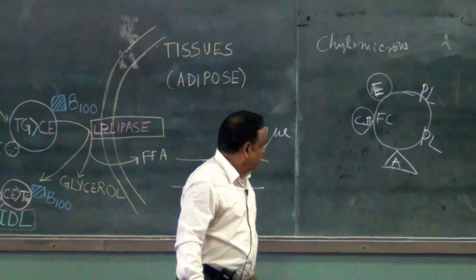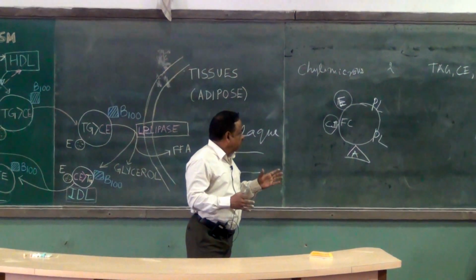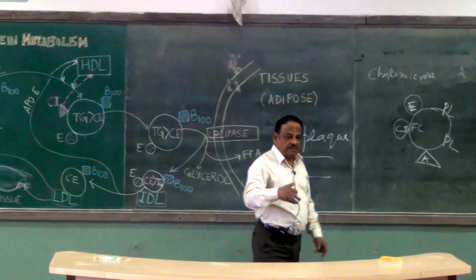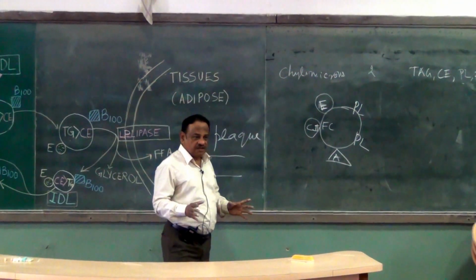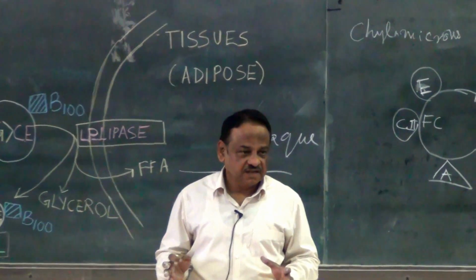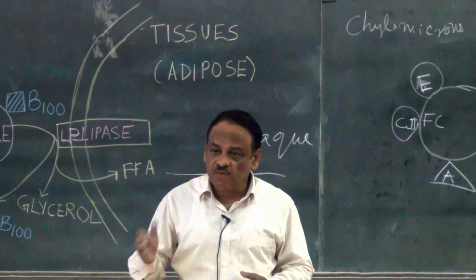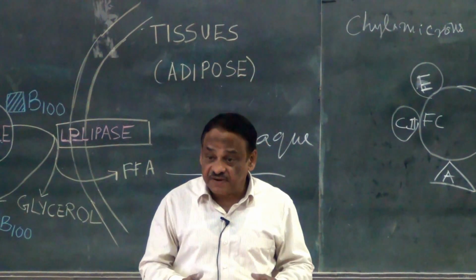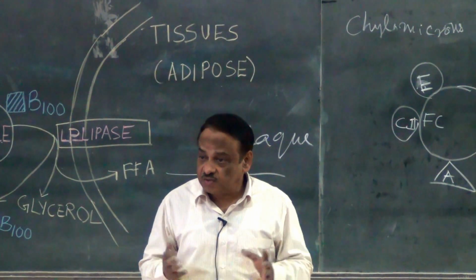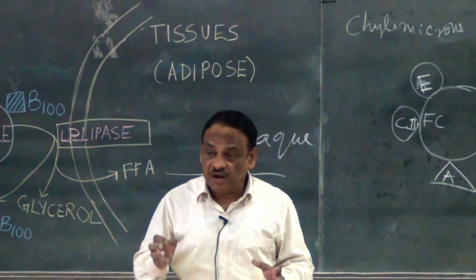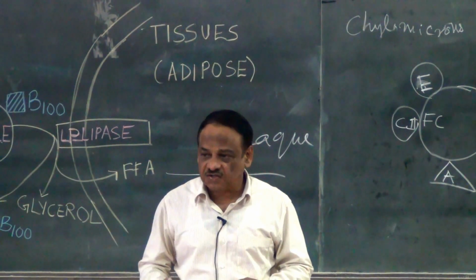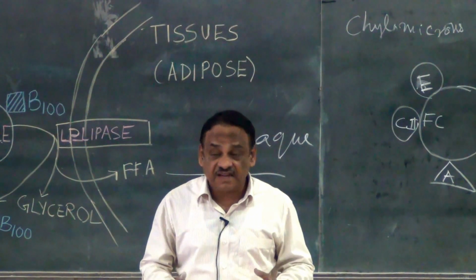Okay, so this HDL will go on collecting the cholesterol from the peripheral tissues, and it is known as scavenging action. Scavenger. So it will remove the cholesterol. So it is mostly free cholesterol, and it has to be esterified now. So you have to add a fatty acid to that, so it becomes a cholesterol ester. Where does the fatty acid come from?